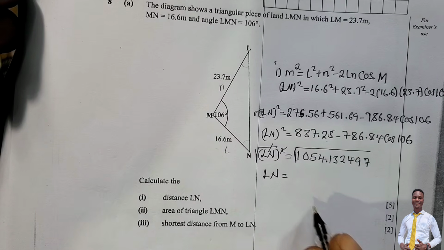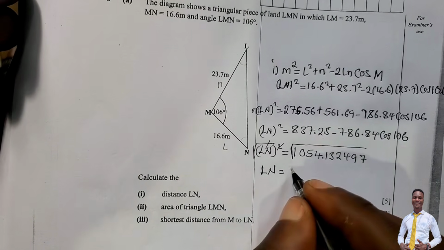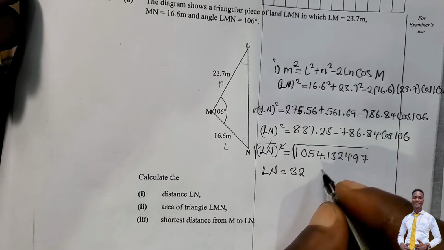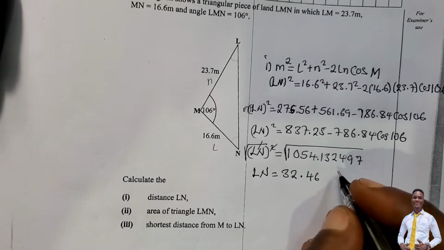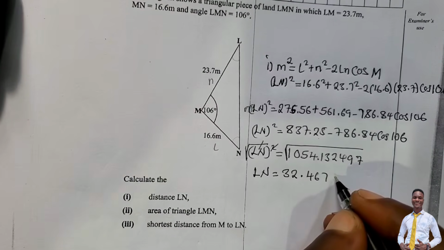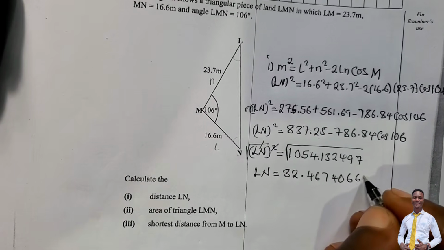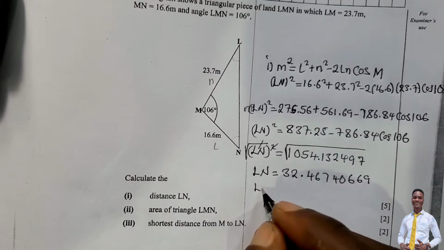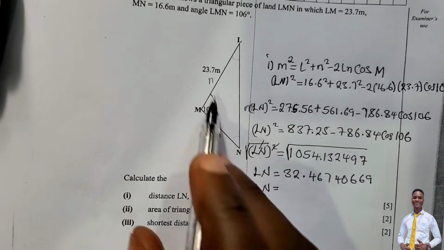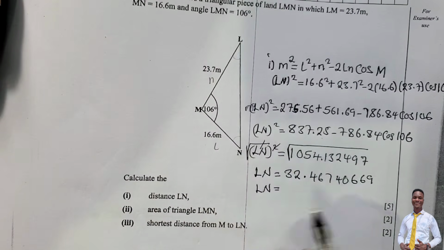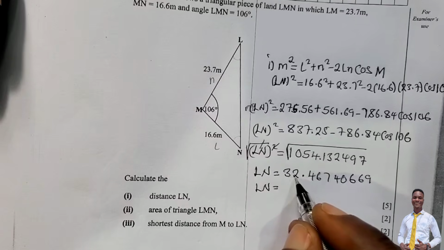The square root of 1054 is 32.46740669. So let's round this one off to 3 significant figures, or just one decimal place, because everything here is in one decimal place, which is just the same as the 3 significant figures according to the question.